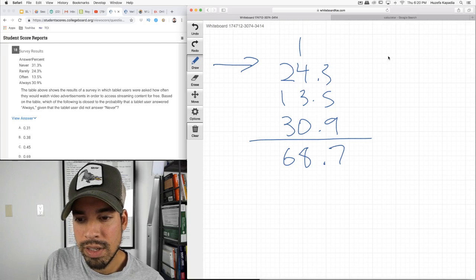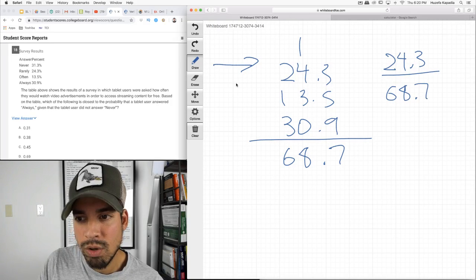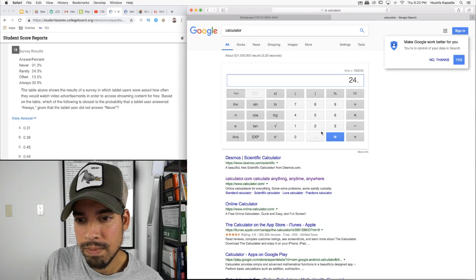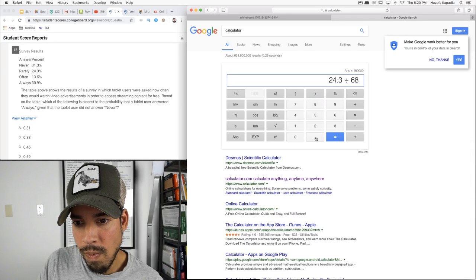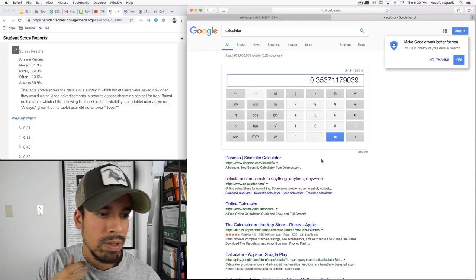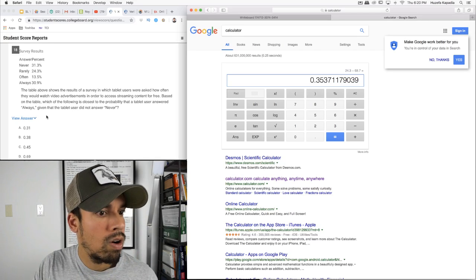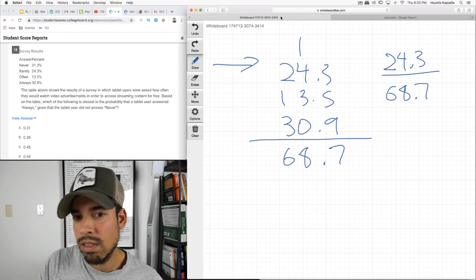Now the probability is 24.3 out of that total, excluding never. So 24.3 divided by 68.7. Oh, wait a minute. Oh, I did rarely. Sorry. I meant to do always. It should be 30.9 on top.